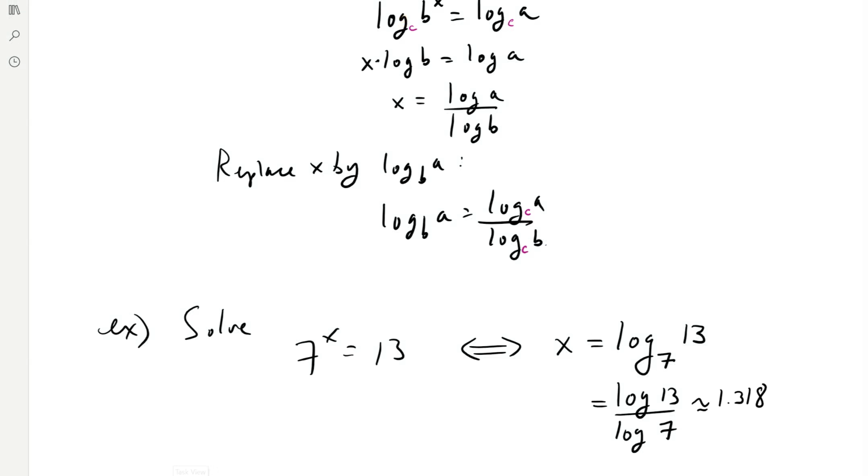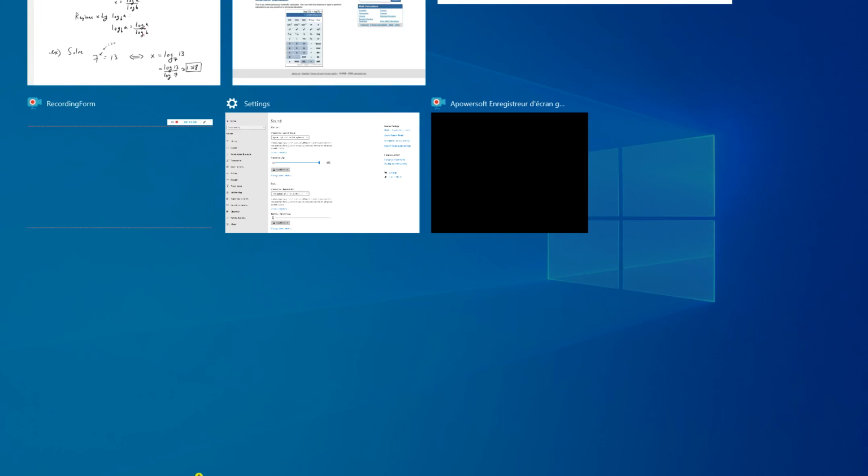And if you don't trust your answer, you could always go back. If I replace x by 1.318, I should be getting that 7 raised to that value is pretty close to 13. Not exactly, because I've rounded my answer here, but it should be pretty close. Let's take a look again at that.